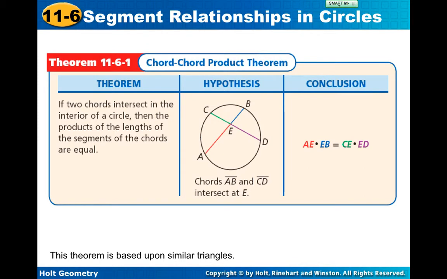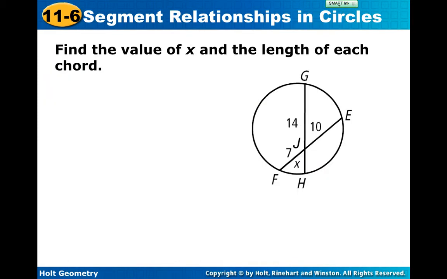And let's try a sample. Find the value of x. How long is this segment? The theorem says products. So that segment times the other piece on that same chord.